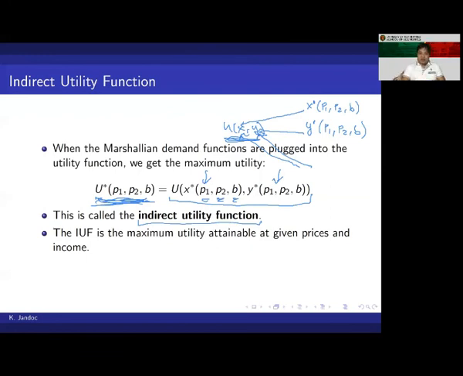It's indirect because instead of the consumption bundle x, y, we have prices and income, P1, P2, and B. So if your income or prices change, the maximum utility that you derive will also change. The utility function is now a function of prices and income instead of direct consumption of X and Y.